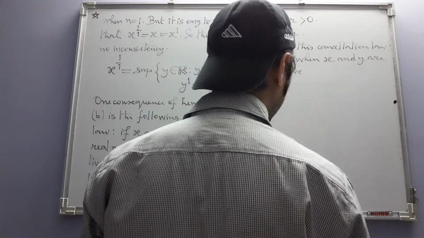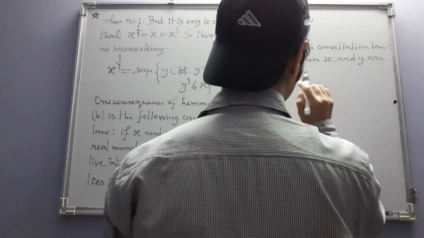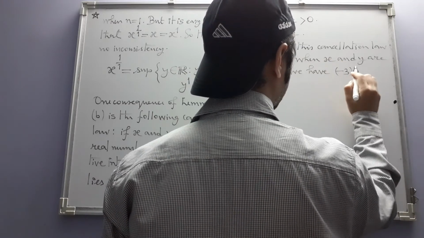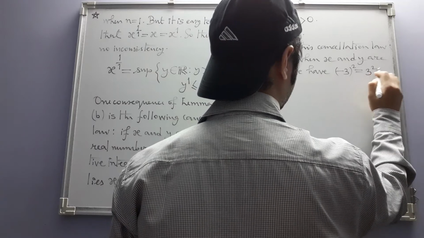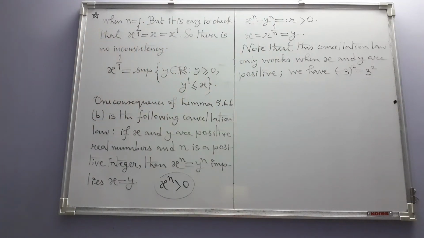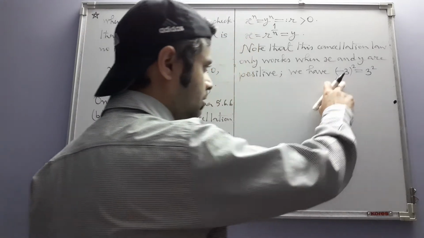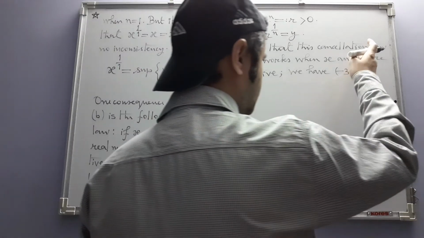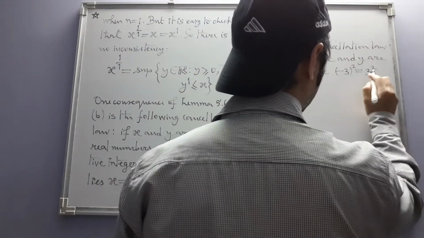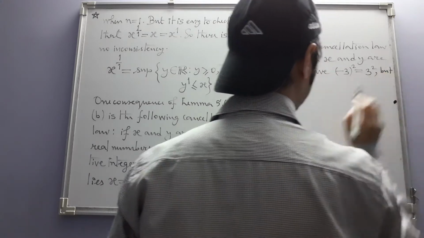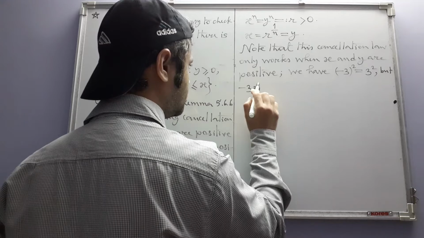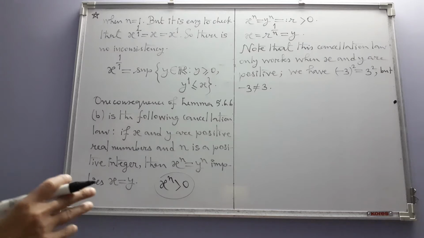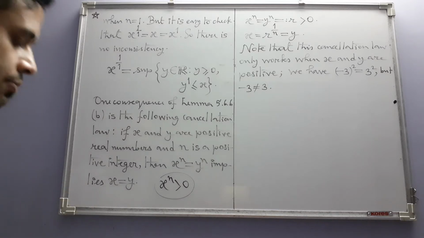We may not be able to cancel the exponent from both sides, which is demonstrated by this example: minus 3 whole square is equal to 3 square, where you can think of minus 3 as x and 3 as y. So they are not both positive, and you cannot cancel 2 from both sides. But minus 3 is not equal to 3. Okay, so the cancellation law fails here because the bases are not both positive.